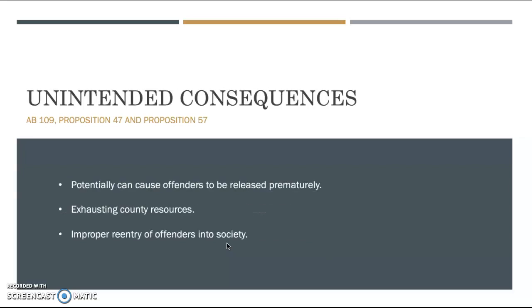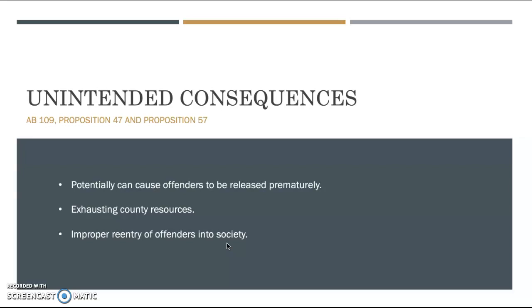The unintended consequences of AB 109, Proposition 47, and Proposition 57 would be potentially releasing offenders prematurely.